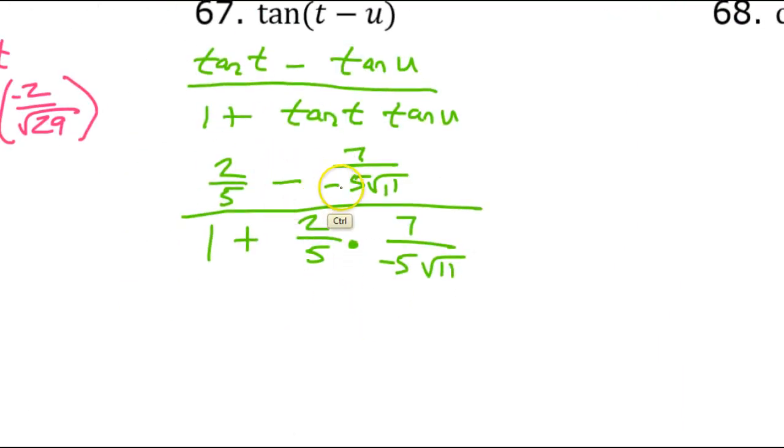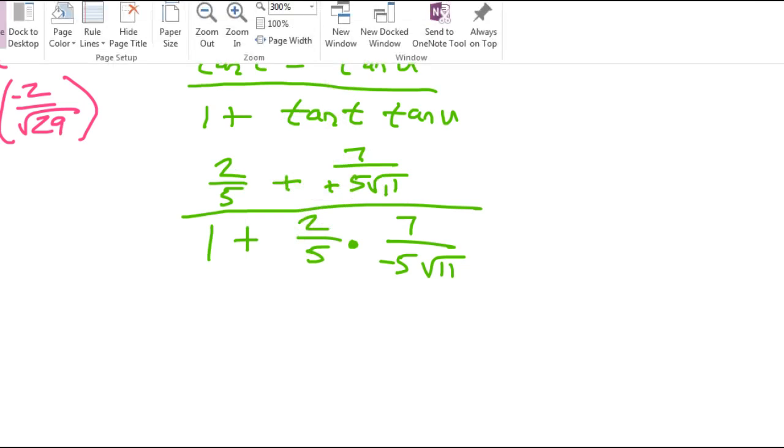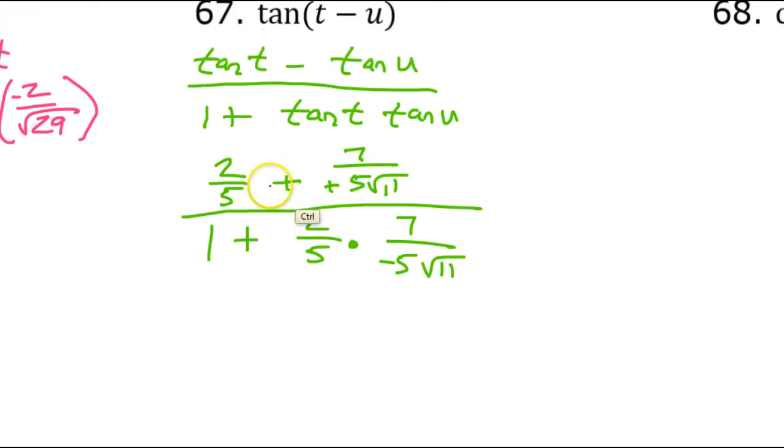So minus a negative is a positive, so this is going to wind up being addition. I am going to need like denominators for my numerator. So I already have a 5. I'm going to need radical 11, so I'm going to do radical 11 over radical 11. Okay.